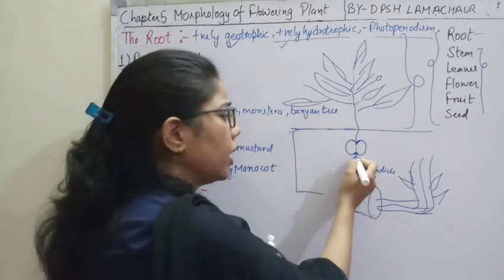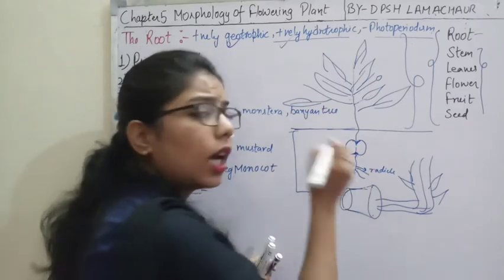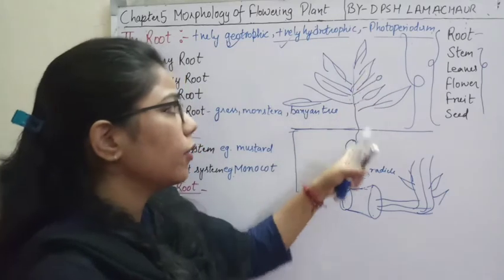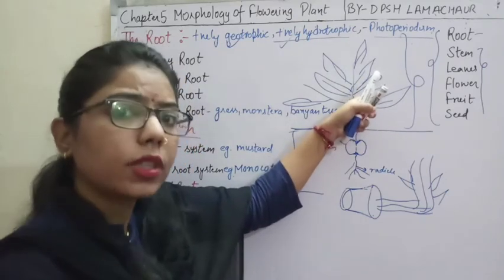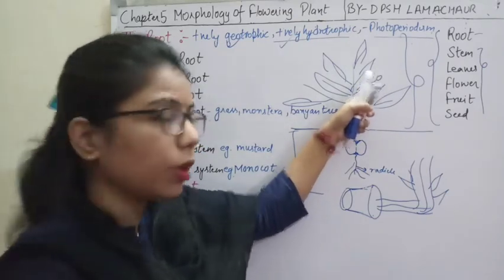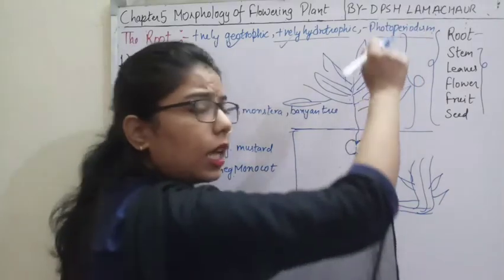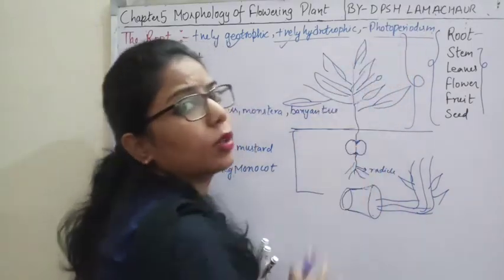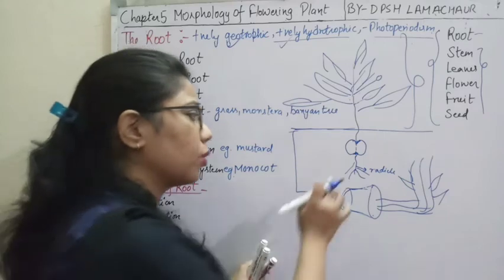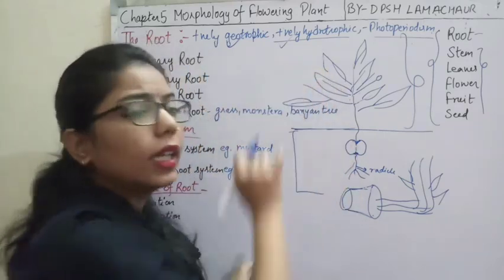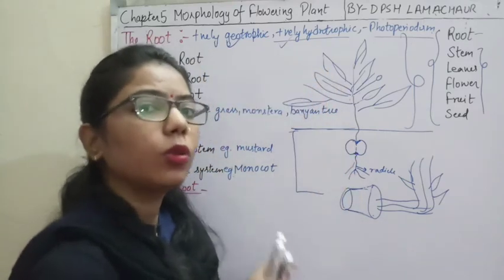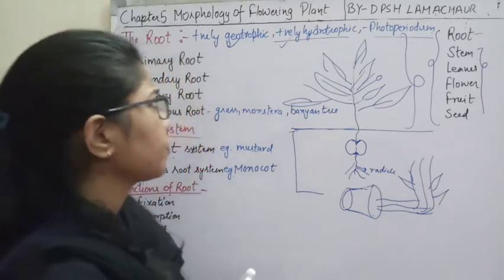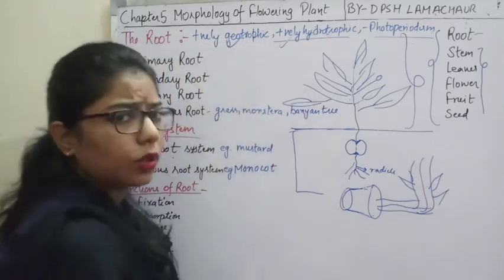These roots grow against the light, because the shoots are positively phototropic, using the light and showing movement towards it. But the roots are always negatively phototropic. So this is a general feature of the root here.